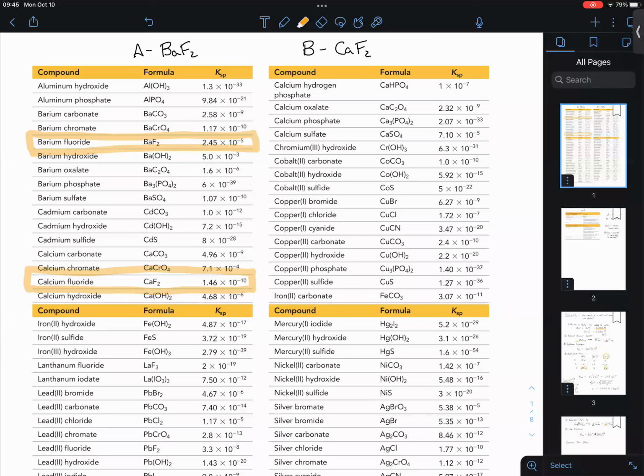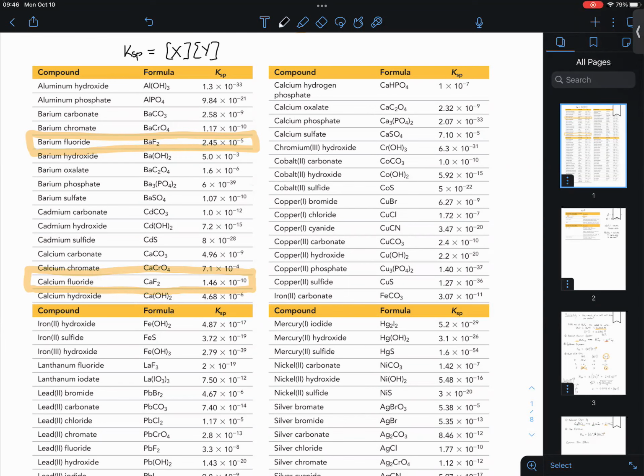All right, so indeed, it is calcium fluoride that precipitates first. How do we know that? I'm going to compare these two Ksp values. Calcium fluoride has a much smaller Ksp than barium fluoride. Remember, these Ksps are the product of the concentrations of the two ions in solution.